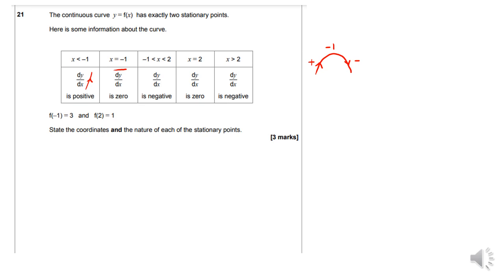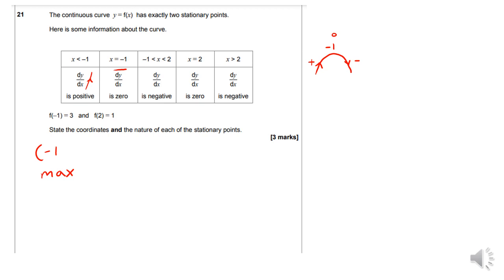When x is -1, the rate of change is 0, so it's a stationary point. That means that must be a maximum. So where x is -1 has to be a maximum point because it's topped out: it's gone positive, it's flattened out, and then it's gone negative. So it must have reached a maximum point.